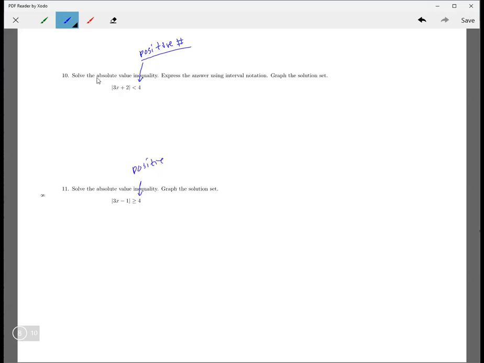Okay. Let me show you how to handle each one. There's this one, and then there's this problem here. So if it's less than or less than or equal to, then the way that you handle it is you drop the absolute values, but you tack a -4 over here, like that.